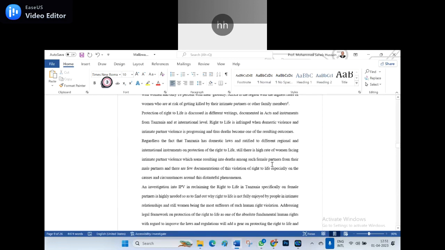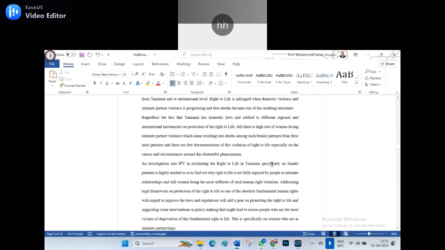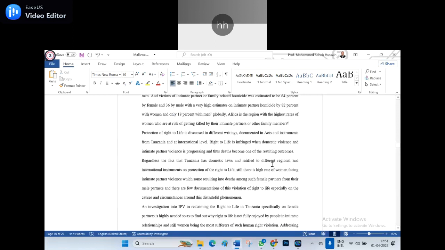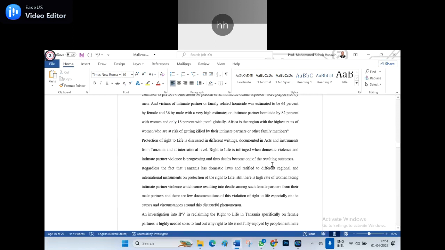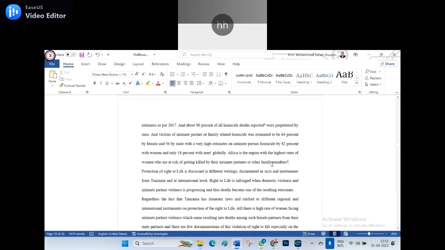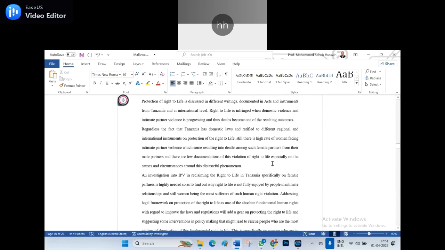So on the next page, if you turn it, okay, an investigation into IPV. Where did you write the full form of IPV? You wrote it earlier, because you used IPV here. If you wrote the IPV full form earlier, you need not worry over here.